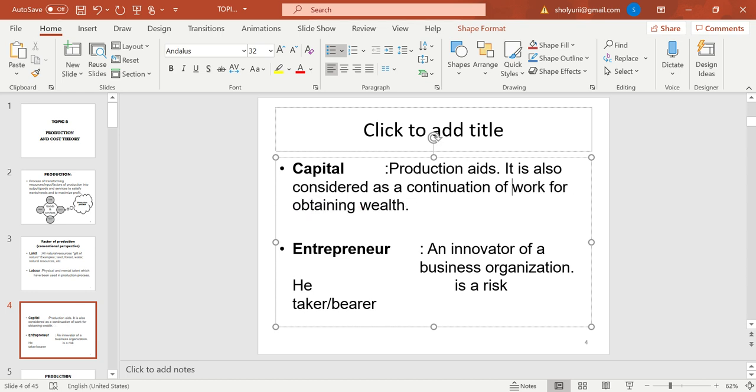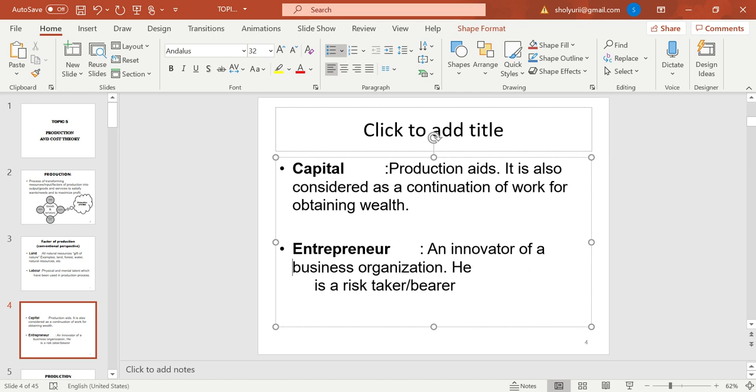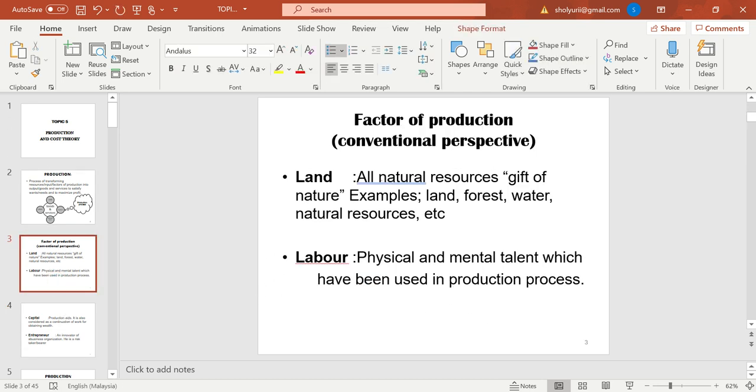It's also considered as the continuation of work. So this is machinery, tools to produce good. Okay, and the last one is entrepreneur. How is it different, the entrepreneur and labor? Because the entrepreneur is the one with the skills and knowledge to produce something, while labor is the one who listens to the entrepreneur on how to produce anything.